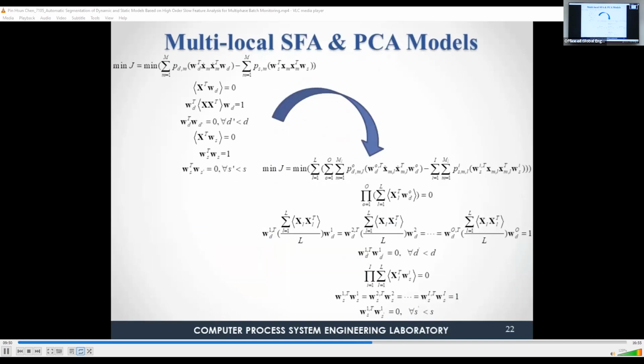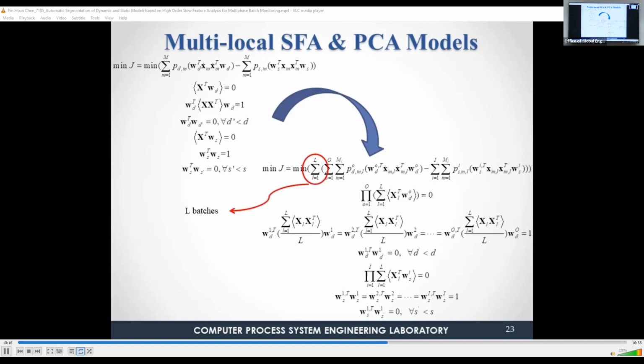However, the above-mentioned method assumes that the batch has only one phase and can just be divided into a dynamic and a static model. Therefore, if it is extended to multi-phase or multi-models, the objective function can be rewritten as such.